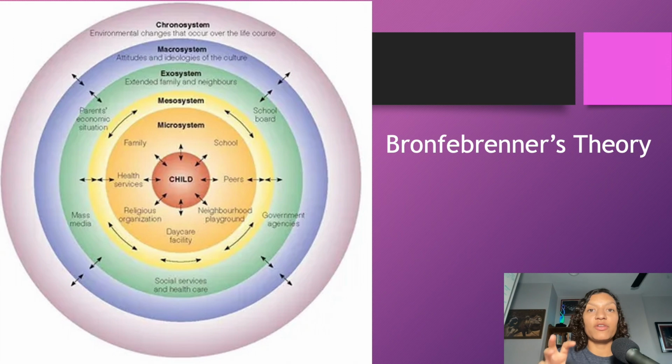Not only do you have the microsystem, so for example, think the immediate household, who's living in the household, where's the child going to school, where do their family members work, so their parents, for example, who are their friends, are they going to church, who are those individuals that they're interacting with. All of these factors are very central to what that microsystem is.